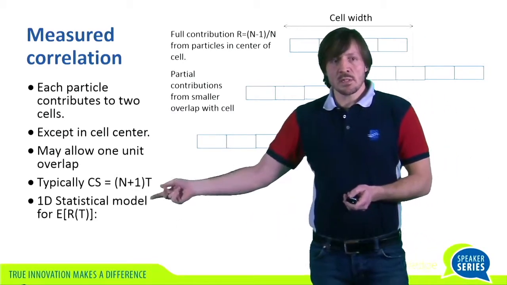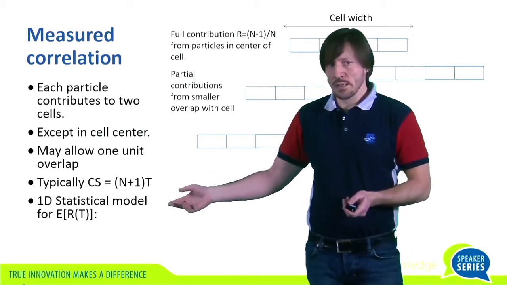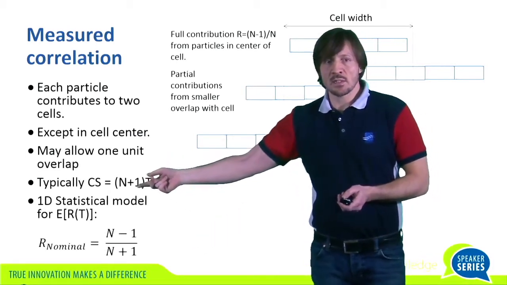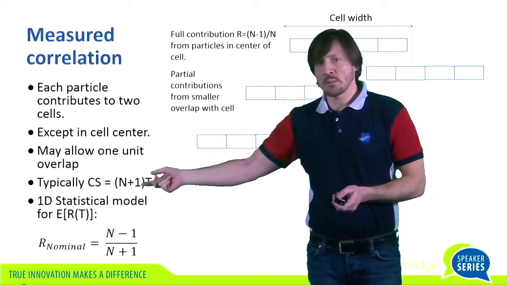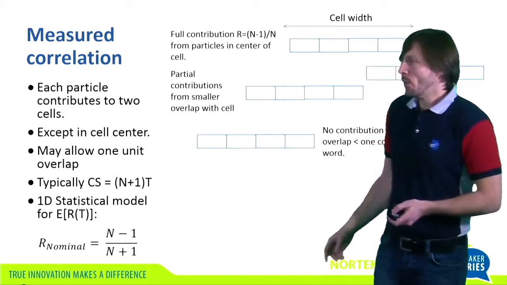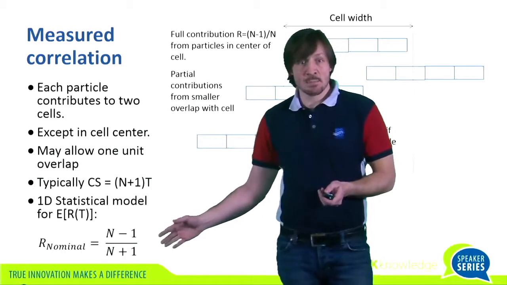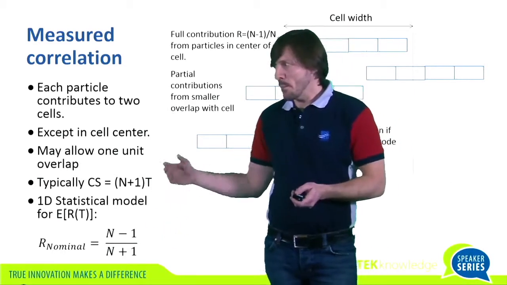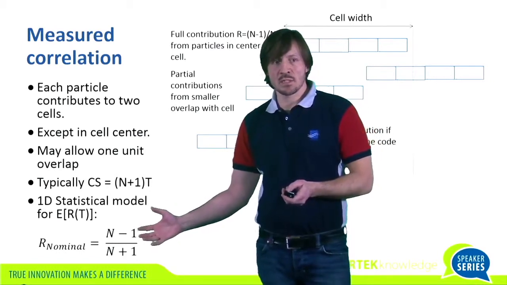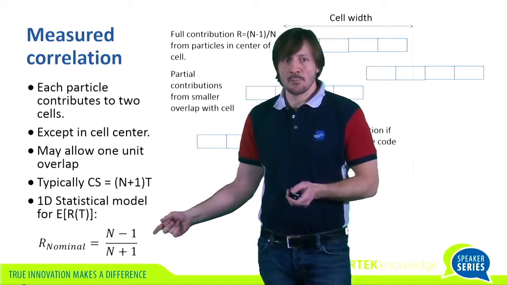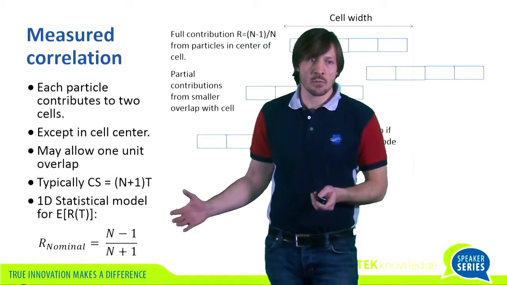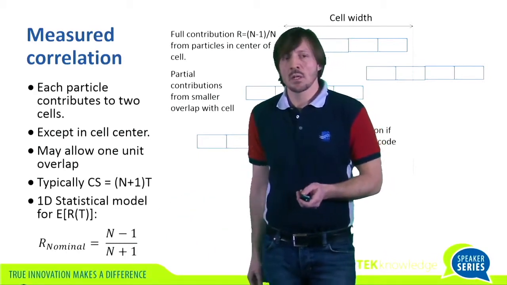If I do this very simply with just a 1D model and assuming that the cell size is exactly one chirp longer than the transmitted pulse, I will find that the nominal correlation, this is the expectation value, so on average, the best I can achieve for correlation is this value here. So that's something that we refer to as the nominal correlation. That's something that the firmware calculates for the user.